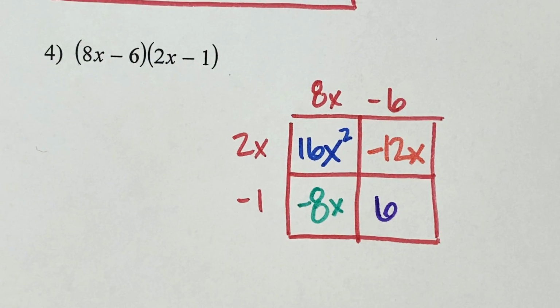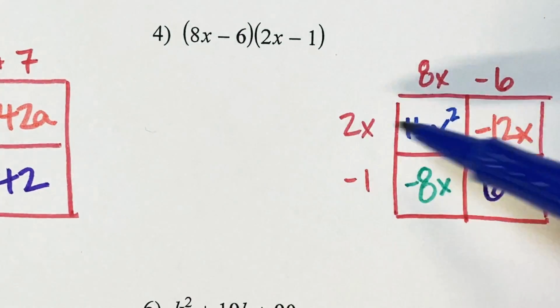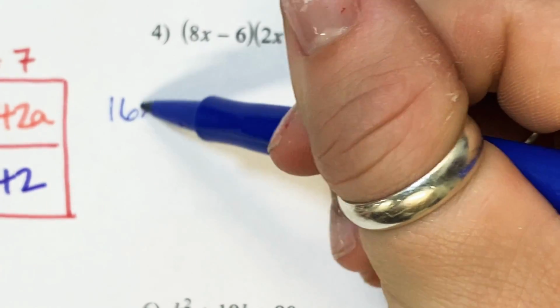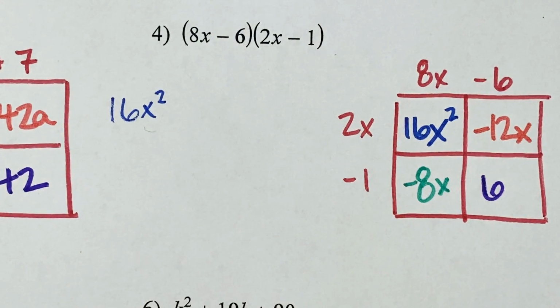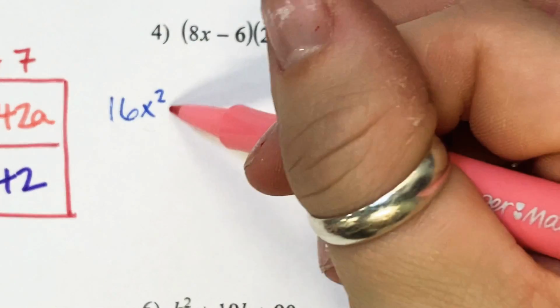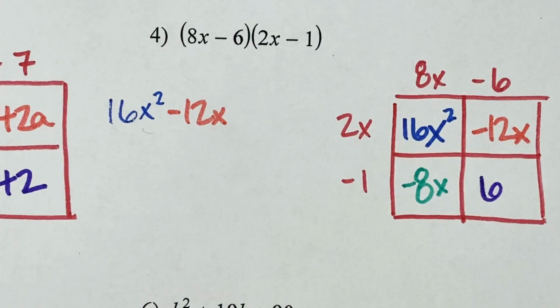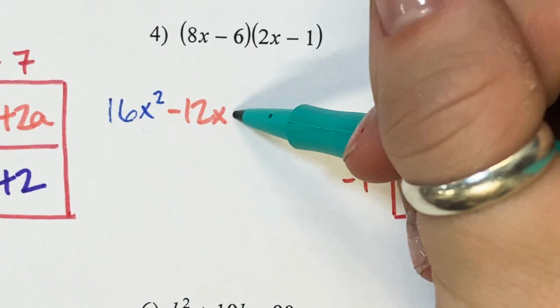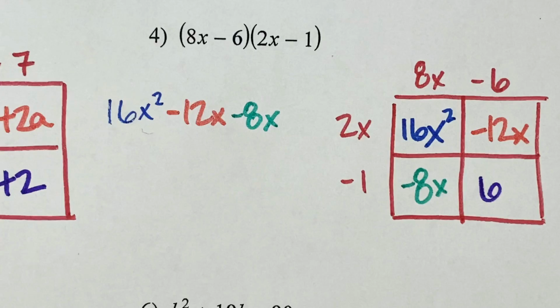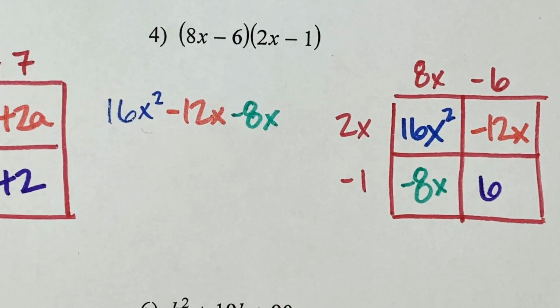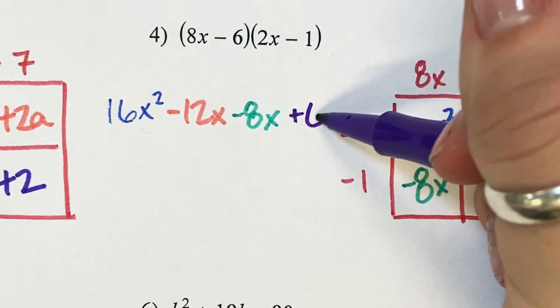Okay, so we found all our spots. I'm just going to rewrite them in the order we solved them. So 16x squared minus 12x minus 8x and positive, so plus 6.